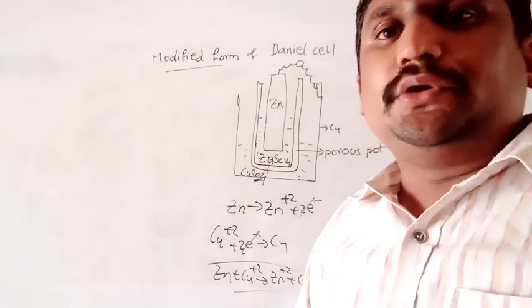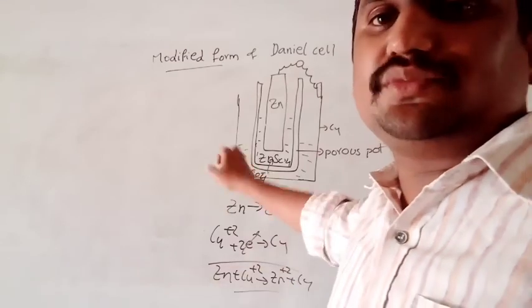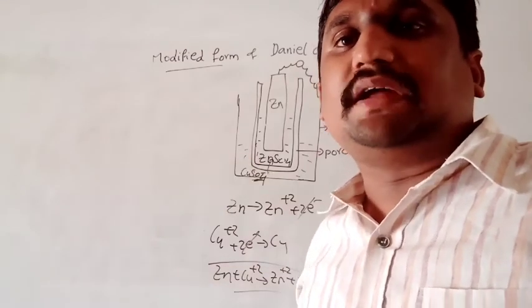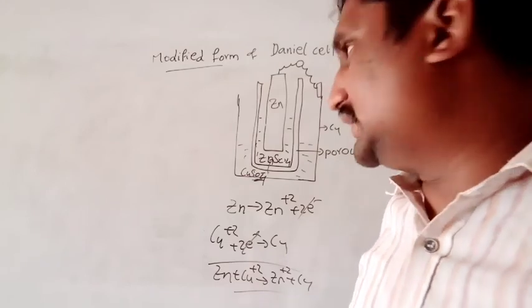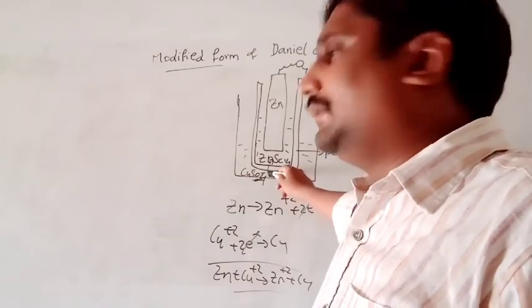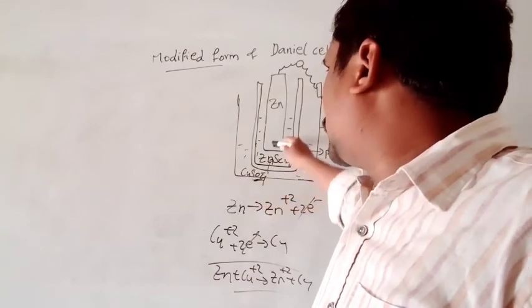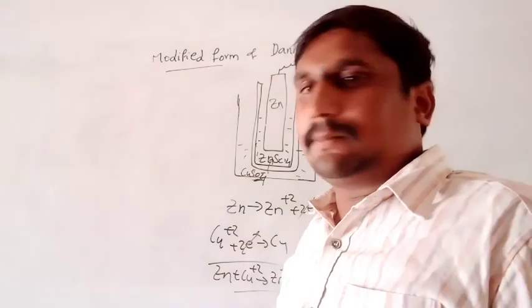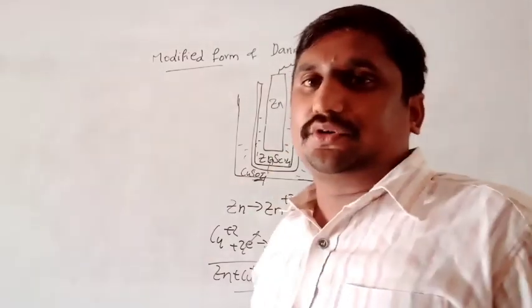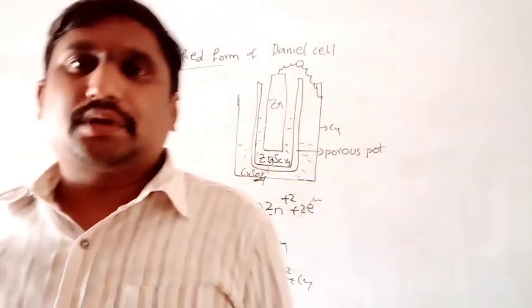In this way, neutrality is maintained in the modified form of Daniell cell, which does not contain a salt bridge.